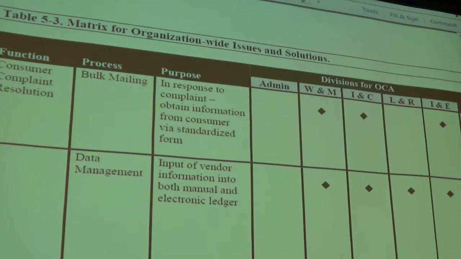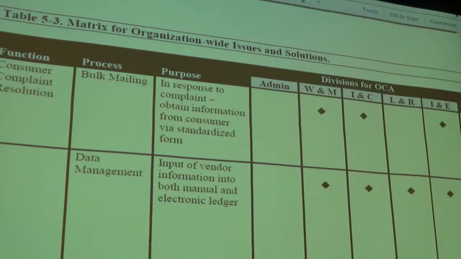So here on table 5.3, we have the vectors of organizational issues and solutions. We have the function, the process, and the purpose, or the goal.